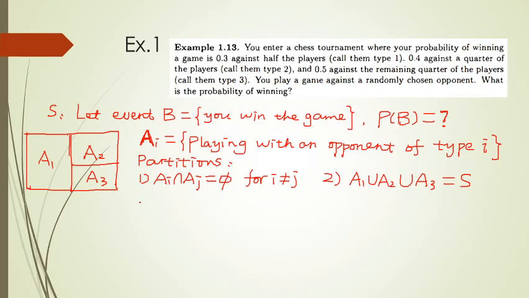Now, how can we understand those numbers again, 0.3, 0.4, 0.5? We can read them as conditional probabilities. So the probability of event B, you win the game, given the condition your opponent is type 1, which is A1, is 0.3.